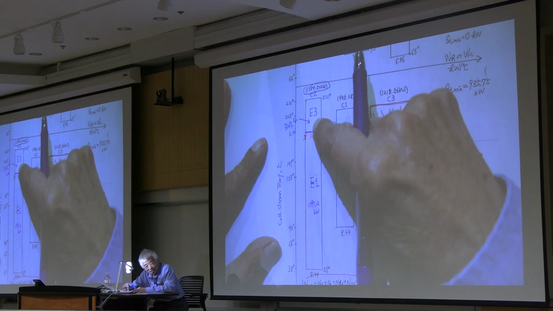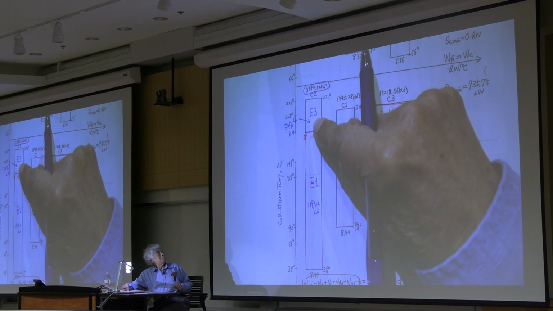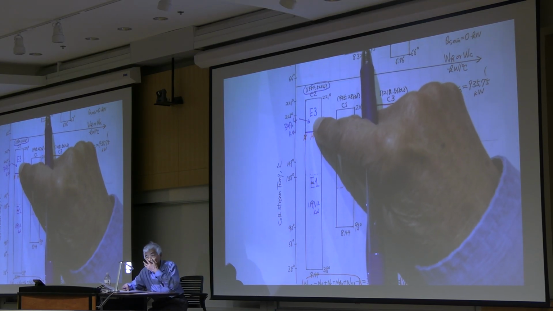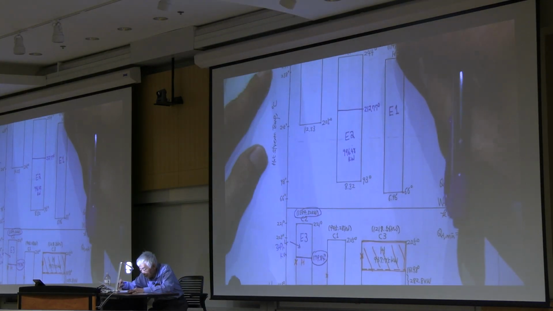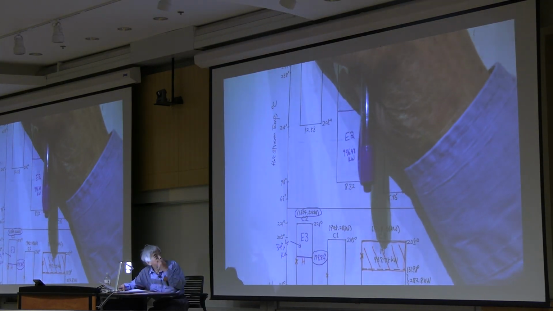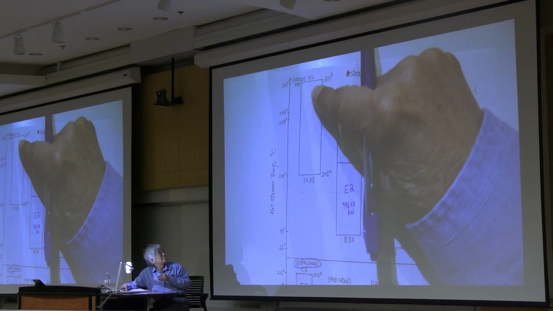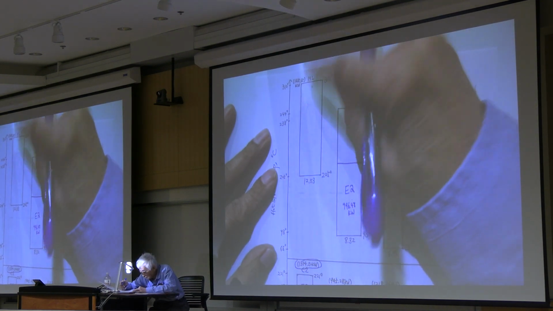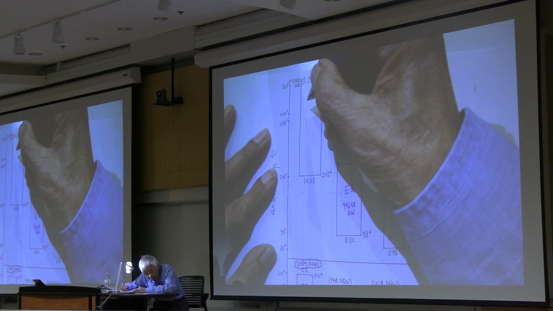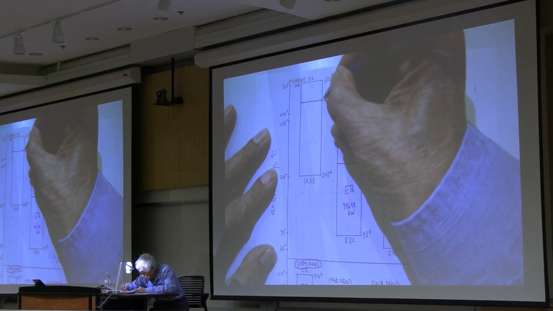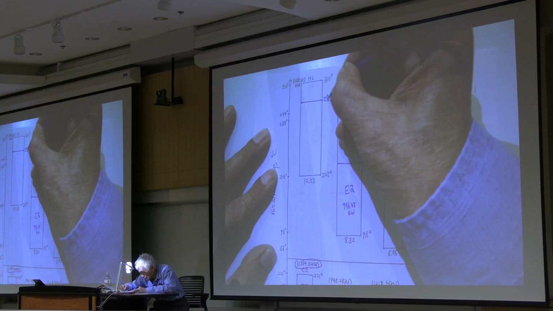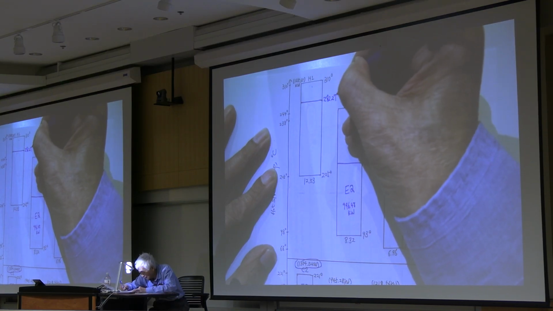And this is the highest temperature portion of cold stream. On the hot side, you look for highest temperature portion of hot stream. So, I put an E3 here, 282.27.